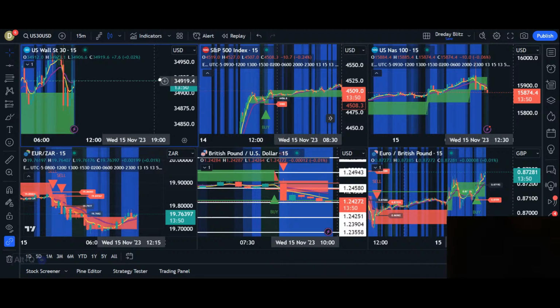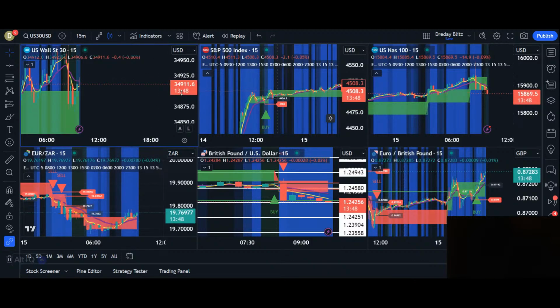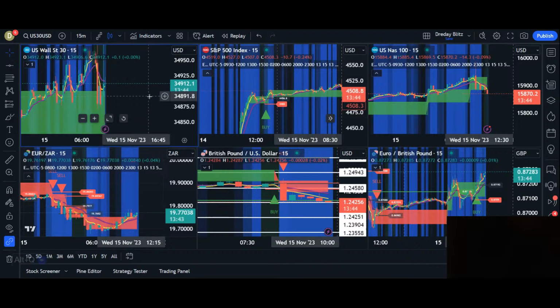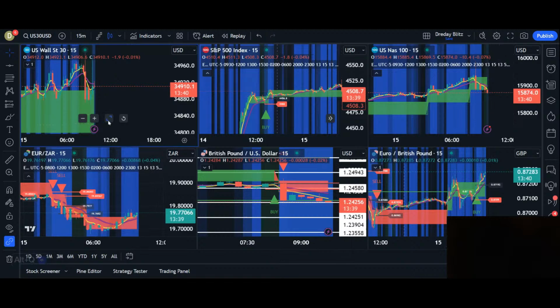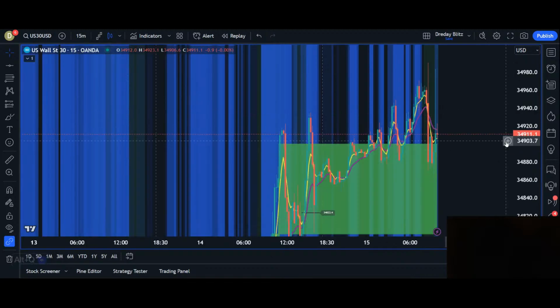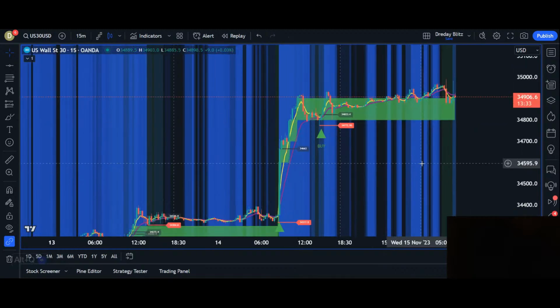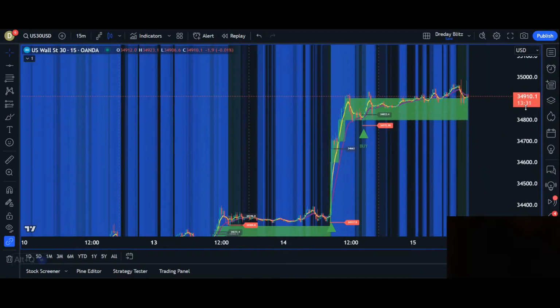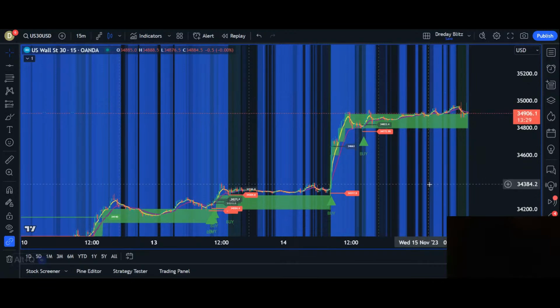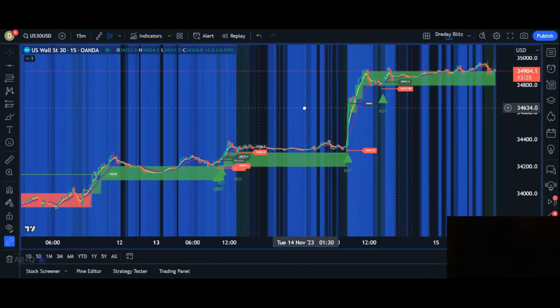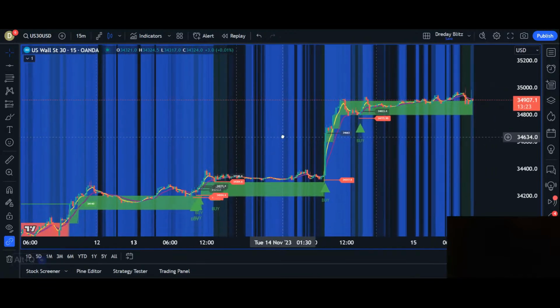We analyzed GU already, so now we're going to look at the US 30. So let's open this. I know GU and US 30 were doing the same move, that's why I thought I was analyzing US 30, but that was GU.